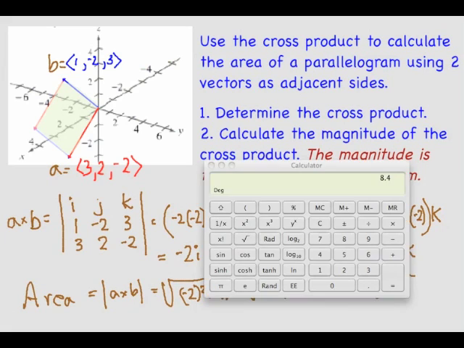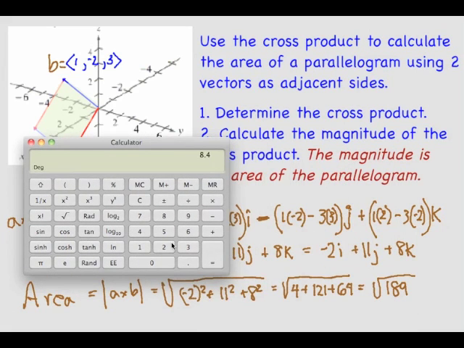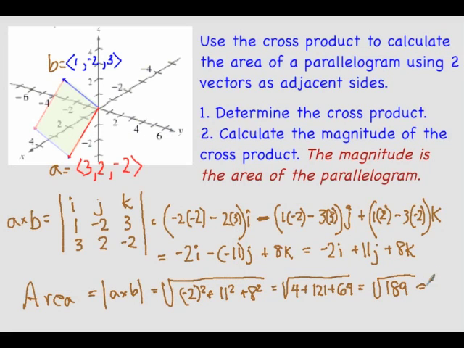And if you want to give a decimal, we'll take the square root of that, about 13.75. And that is going to be the area of that parallelogram. And we're going to say units squared, because I don't know what the units are. It could be centimeters squared, meters squared, and so on.